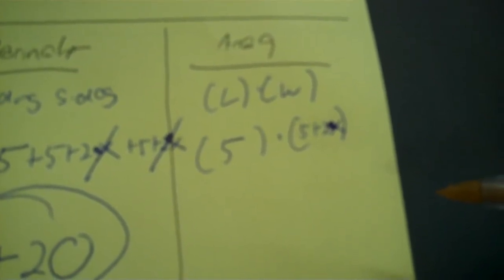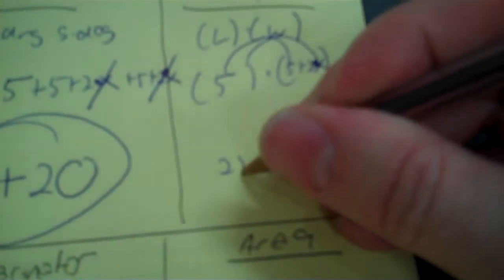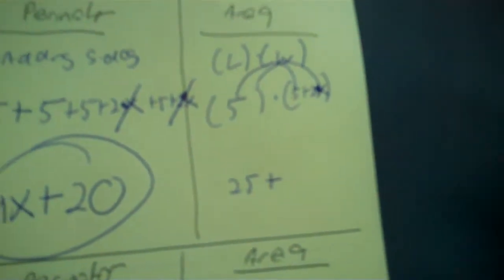Exponents, don't have any. Multiplication. Now you got 2 times x, but you can't do that, but you can come over the top with the 5. So I write that 5 down twice. I will be timesing it by 5, and then I will be timesing it by 2 with its x. So 5 times 5 is 25. Then I write plus, not times. Okay, I'm doing the times here.